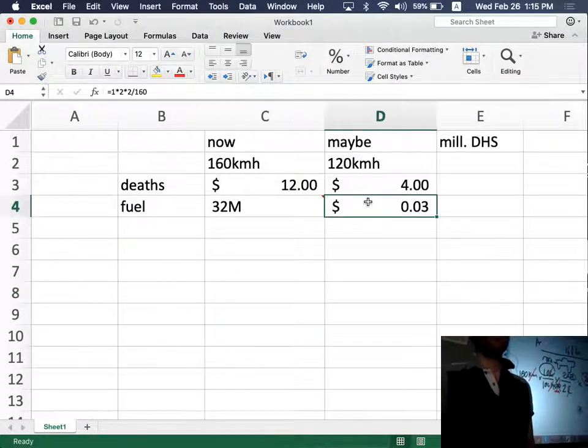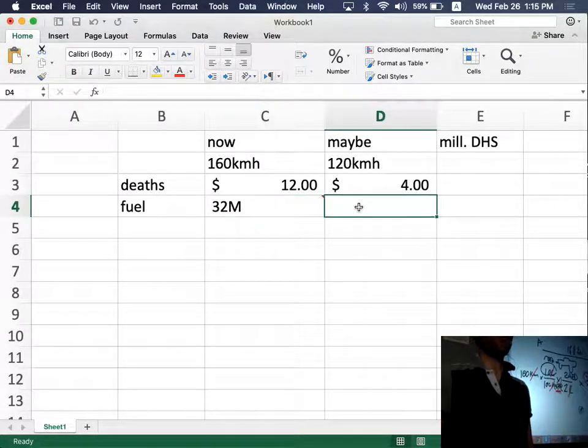And the other guy? We said 50%. This guy is 50% more. So how much is this guy? 24 million.